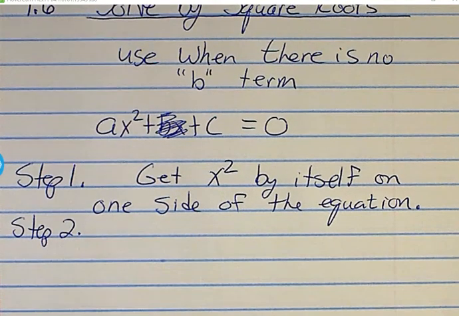Okay, so if there's something multiplied by the x squared term, you'll get rid of that. If there's something added to it, you'll get rid of that, so that you get to the end where you only have x squared equals some number. That's all we're looking for.